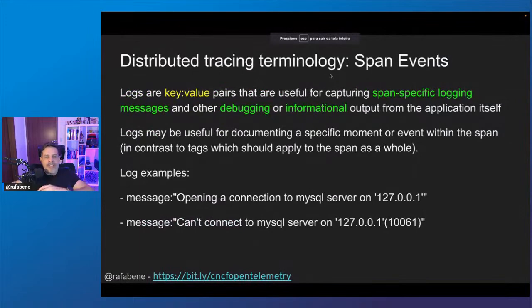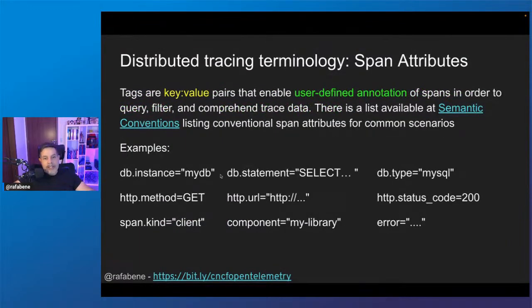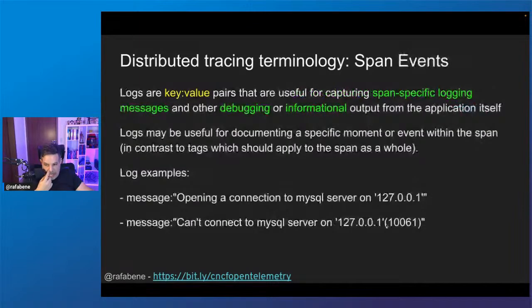So we can have examples: DB instance, DB statement, DB type, HTTP method, as I said, HTTP URL or status code, span kind, client, what the component is, what the error is, and we have the span events.